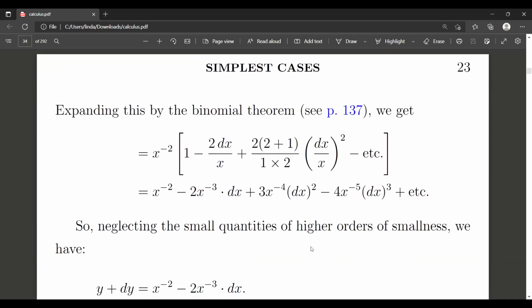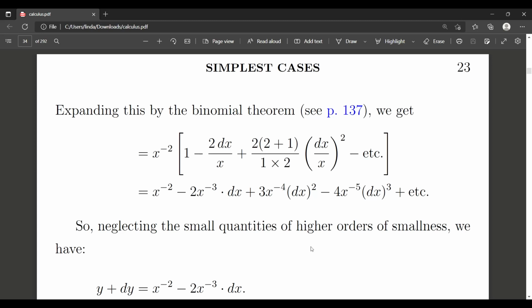Expanding this by the binomial theorem, we get x to the power negative 2 times 1 minus 2 dx over x plus (2 times 3)/(1 times 2) times dx over x squared minus etc., which is equal to x to the power negative 2 minus 2x to the power negative 3 times dx plus 3x to the power negative 4 times dx squared minus 4x to the power negative 5 times dx cubed plus etc.